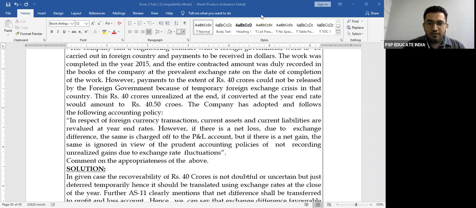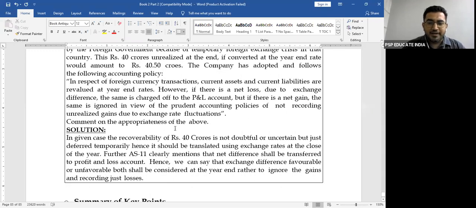Of course, it is wrong. Both the things will go to the profit and loss account, right? Karna kya hai? Comment on the appropriateness of the above.